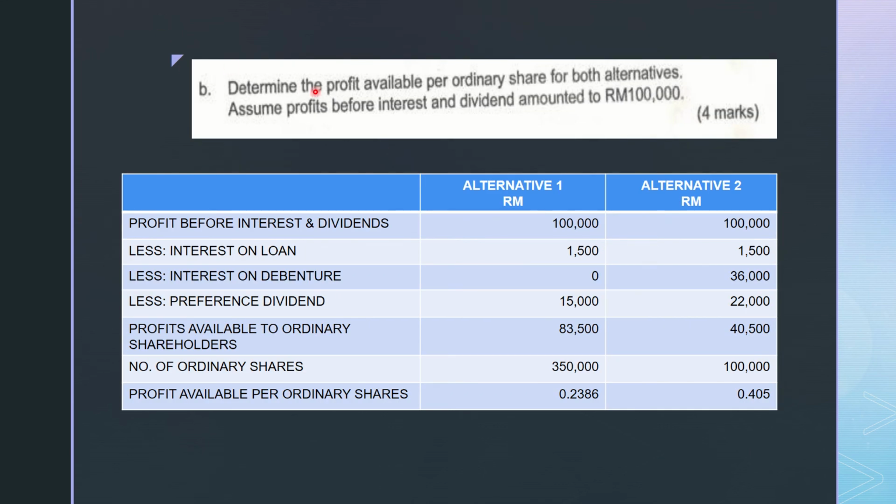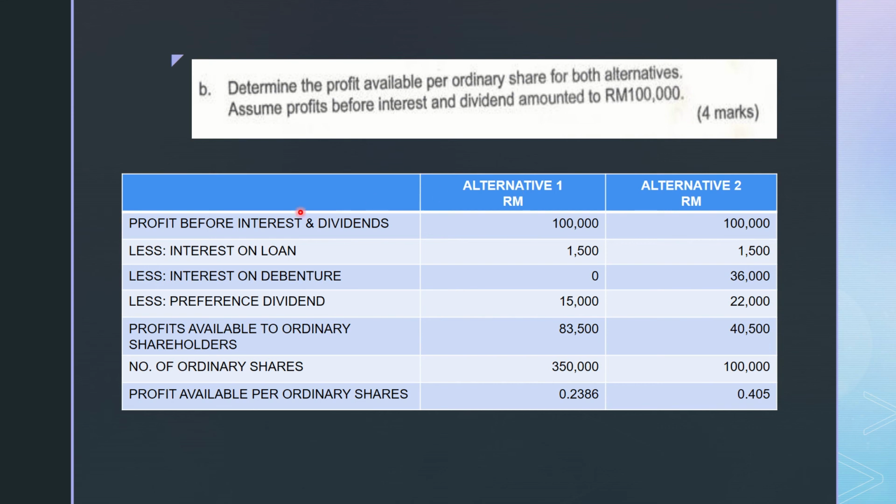Question B. Determine the profit available per ordinary share for both alternatives. This information is not given in the question, but you are provided with the amount of earnings before interest and dividend, or profit before interest and dividend, amounting to 100,000. So we need to do some calculation based on this requirement.